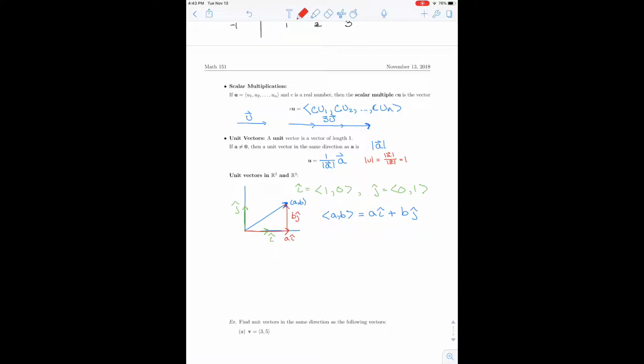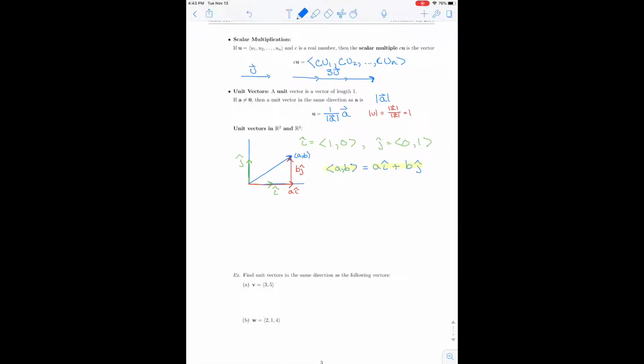And so you need to get used to the idea that vectors will sometimes be expressed as coordinates, A, B, and sometimes they will be expressed using unit vectors, A i hat plus B j hat.